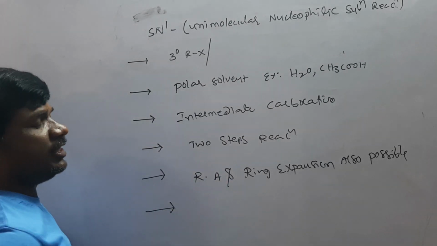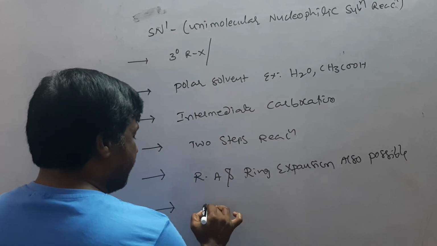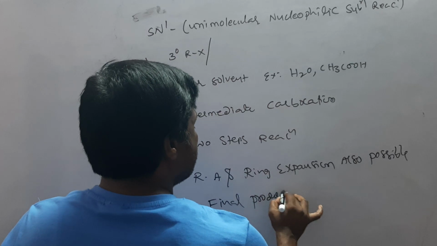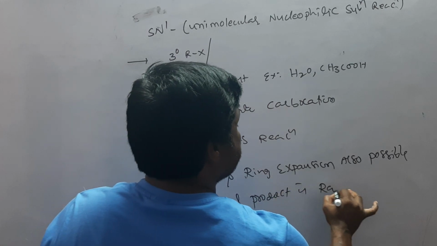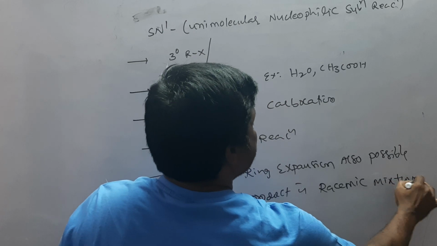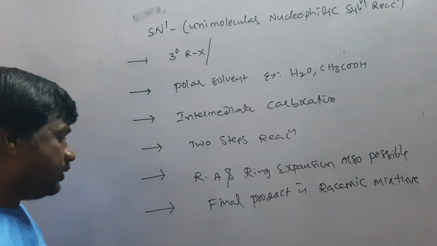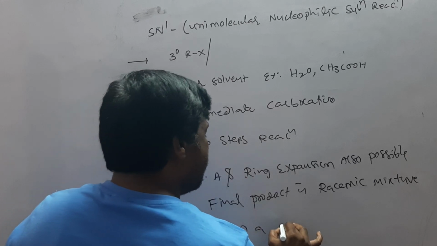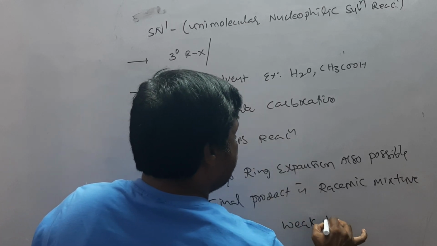Then the final product is a racemic mixture. What is a racemic mixture? We'll discuss it later. In this reaction a weak nucleophile is used.